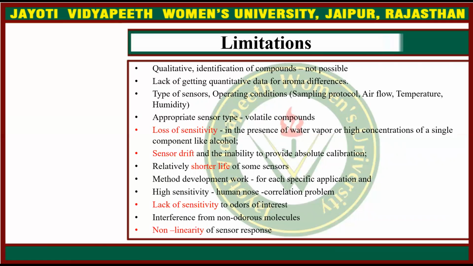Then, choosing the appropriate sensor type for volatile compounds, loss of sensitivity in the presence of water vapor or high concentrations of a single component like alcohol, sensor drift, and the inability to provide absolute calibration, relatively shorter life of some sensors, method development work for each specific application, the correlation problem with the human nose, lack of sensitivity to the odors of interest, interference from non-odorous molecules, and non-linearity of the sensor response.